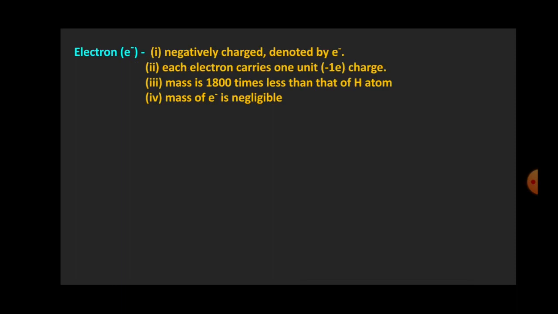Then the last subatomic particle is the electron. Now electrons, as I said, are negatively charged. They are denoted by a small e with a negative charge on top of it. Each electron carries 1 unit charge, that is minus 1 e charge.